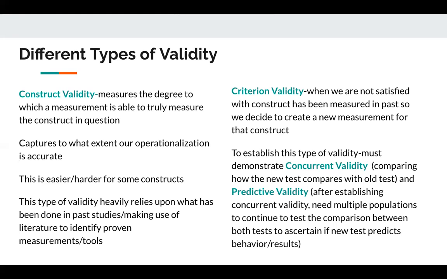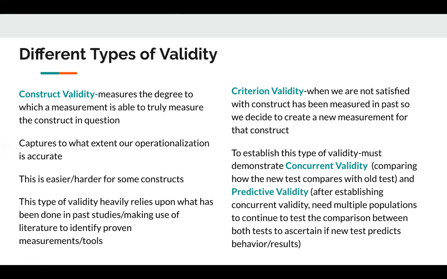I've created this new scale. Let's see if they rate themselves similarly using my new scale. Because if the ratings are similar across both tests, then that means that you have concurrent validity, that both tests are capturing the same phenomena to the same degree.